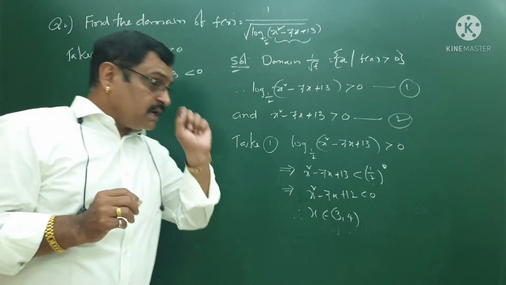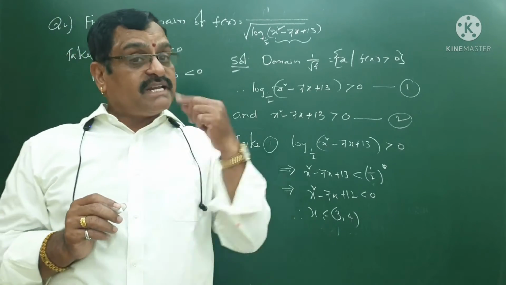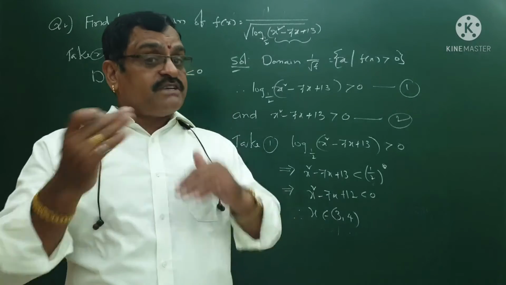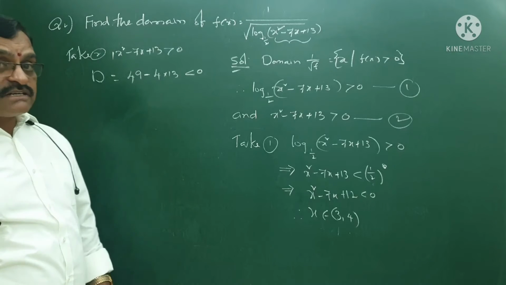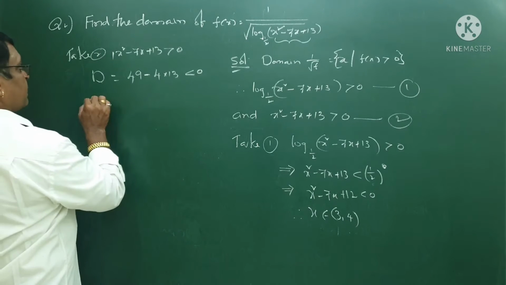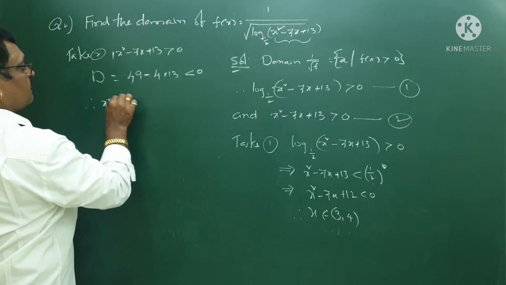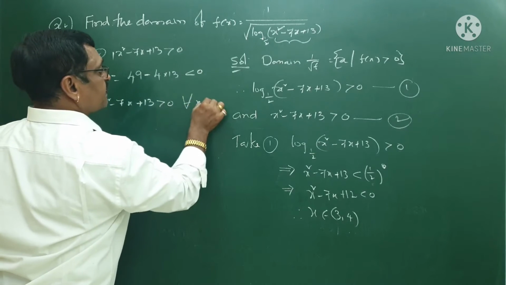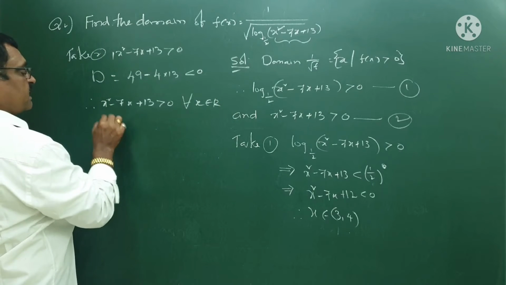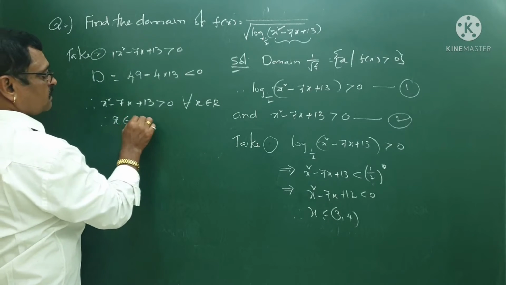For a quadratic expression, if the discriminant is less than 0, the sign of the expression is the same as the sign of the x square coefficient. So in this case, x square minus 7x plus 13 is more than 0 for all x belongs to R.